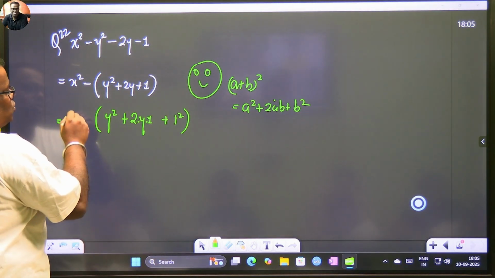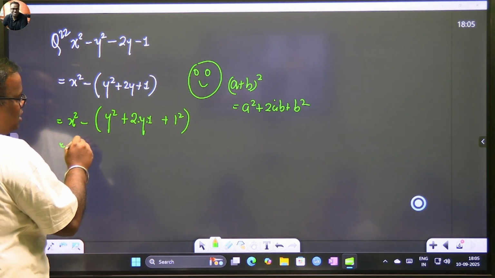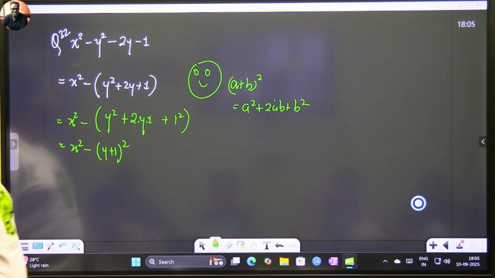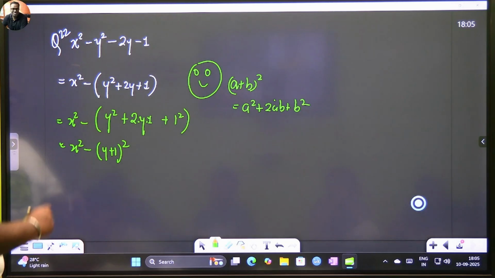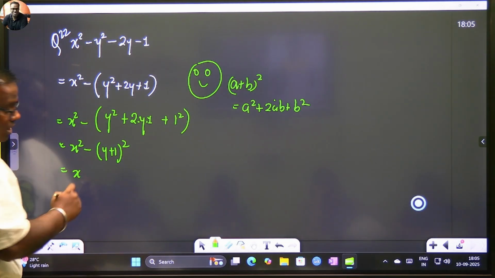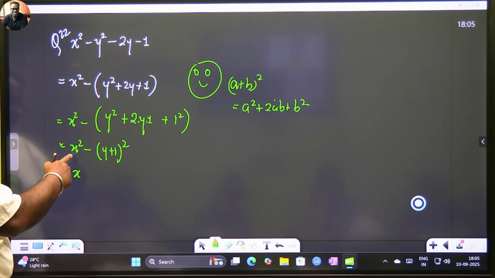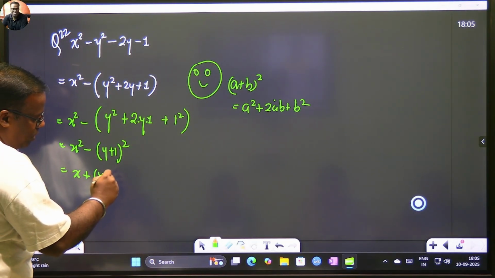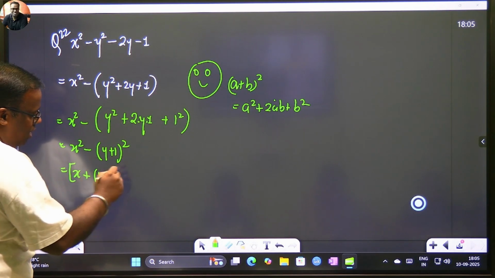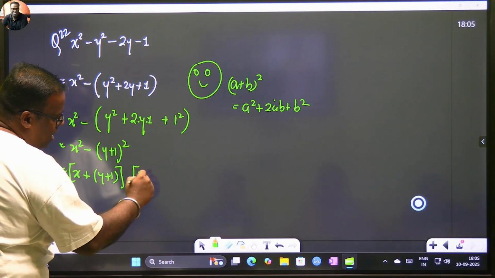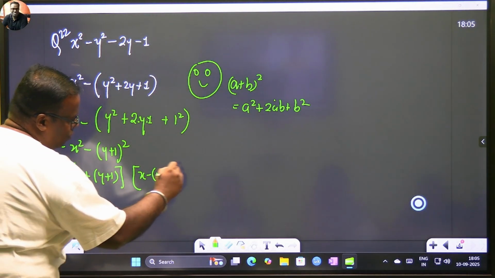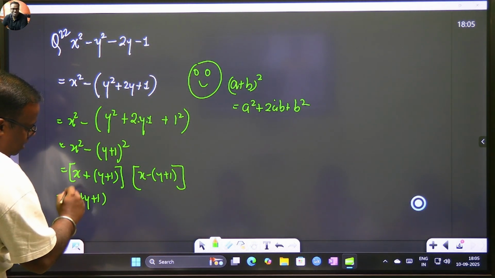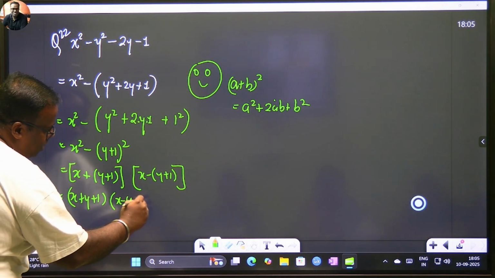So this is x square minus y plus 1 whole square. Now it is a square minus b square, which becomes a plus b and a minus b. Sarvesh, observe from here: here it will be x plus y plus 1, and here it will be x minus y minus 1. This is the answer.